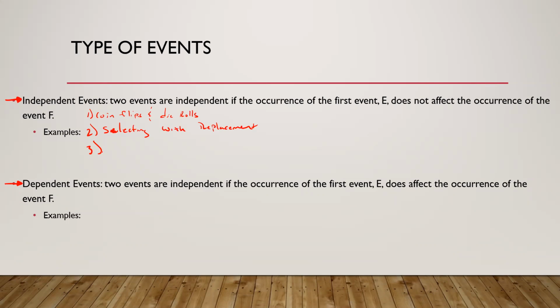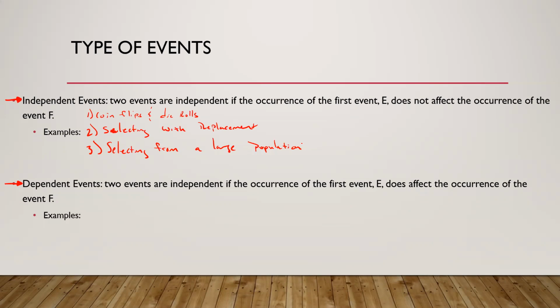And then the third way things can be independent is selecting from a large population. What I mean by this is suppose you're going to select 2 people at random from everybody in the United States, literally everybody. And you want to find the probability that you get two males in a row.